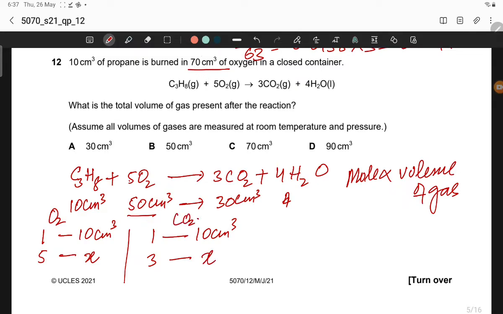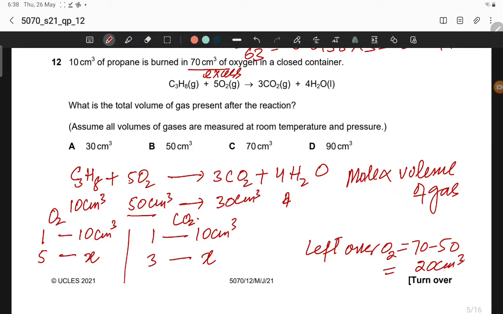So here 10 centimeter cube is burned in 70 centimeter cube. So it is used excess. So 50 centimeter cube is used. So the leftover oxygen is 70 minus 50 is equal to 20 centimeter cube.